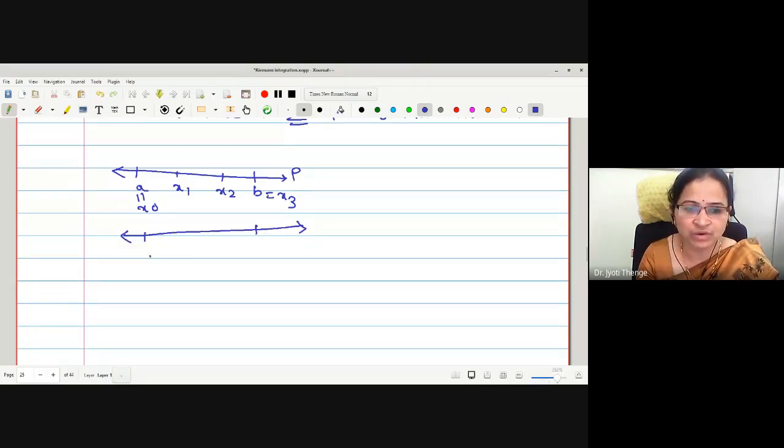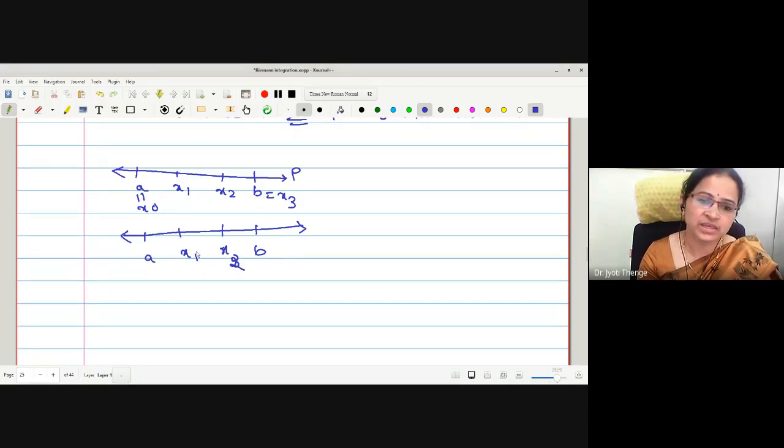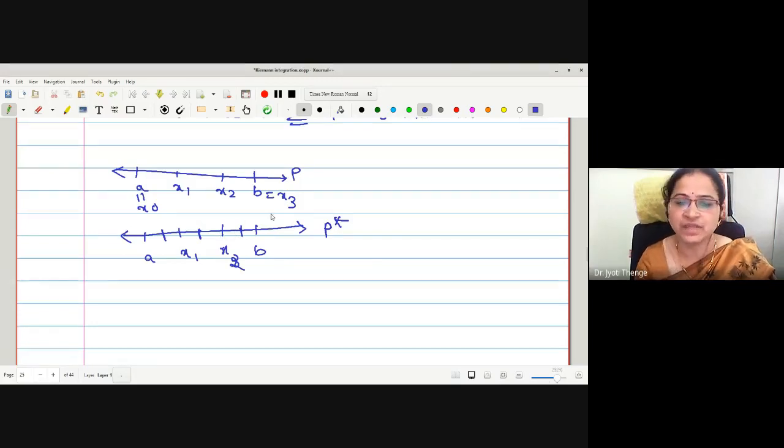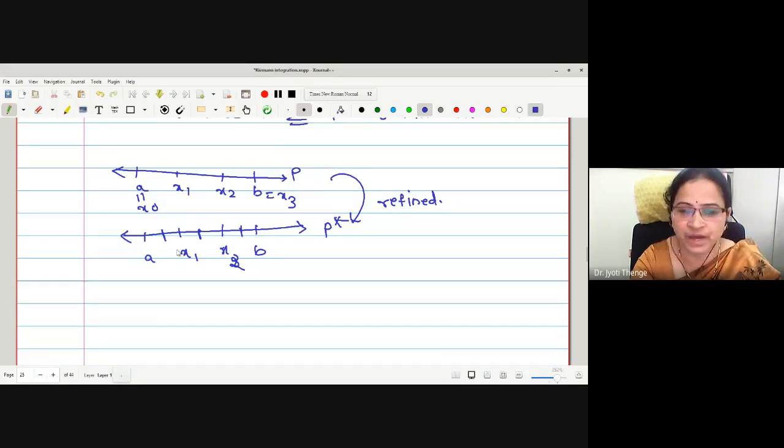A and B I have to keep as they are. The points x1, x2 also I have to keep as they are, and we have to increase the number of points in the given partition. Say here I am adding 1 point, here 1 point, here 1 point. Therefore, if the points in the partition are increased, the partition is said to be refined, and it is called a refinement of the given partition.